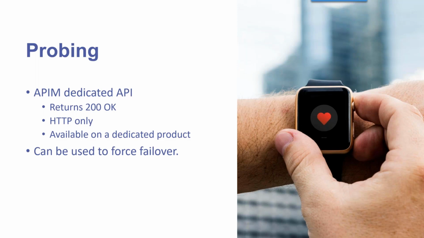And one good thing about making this probing is that you can actually test your DR without having to take your API management offline, or waiting for a region to fail, right? You can simply go and instead of returning 200, all of a sudden it starts to return 500. And by doing that, you have a way to make this work.